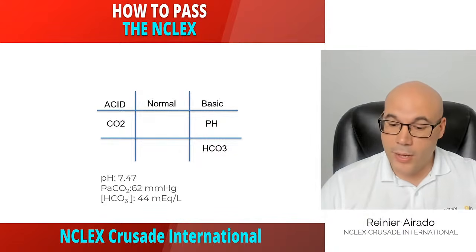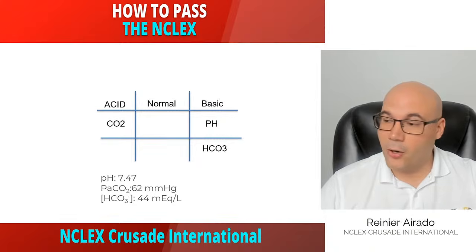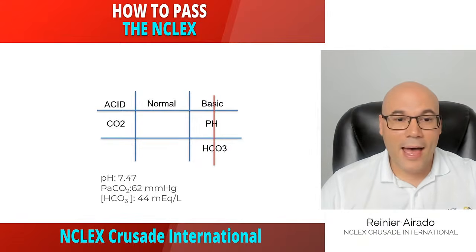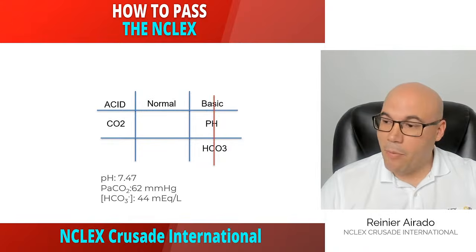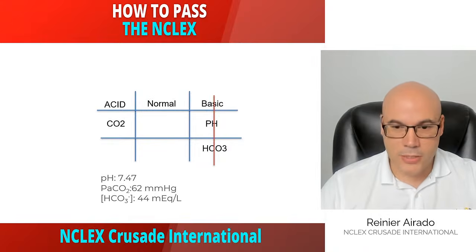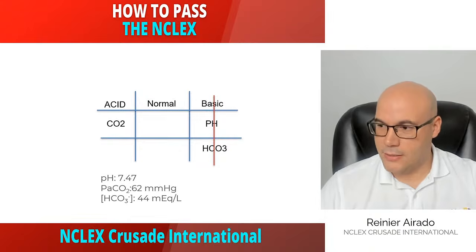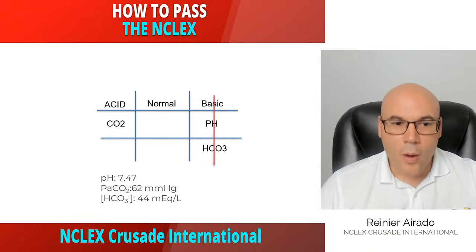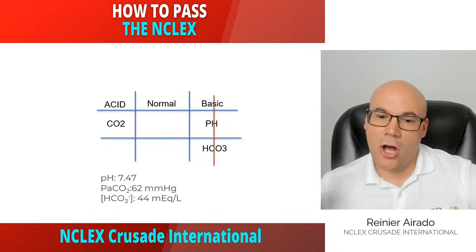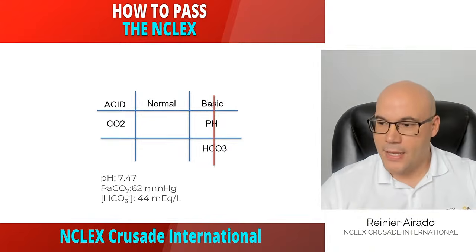So now what do we have? Let's play tic-tac-toe. The pH is alkalotic. The bicarbonate is alkalotic. So we have metabolic alkalosis. Now, look what the CO2 is doing. It's on the opposite side.